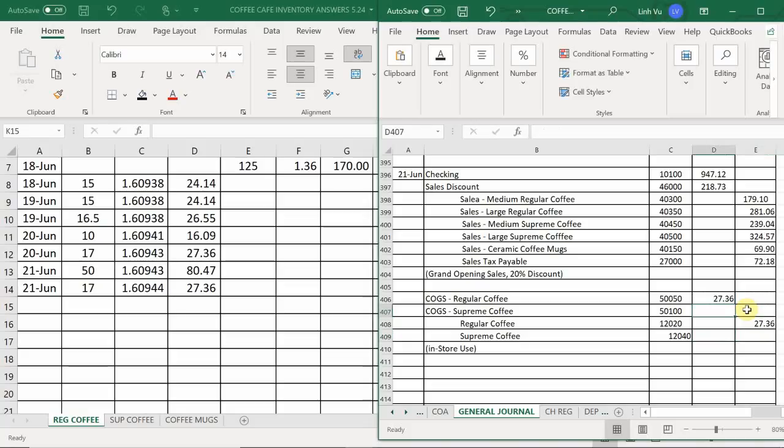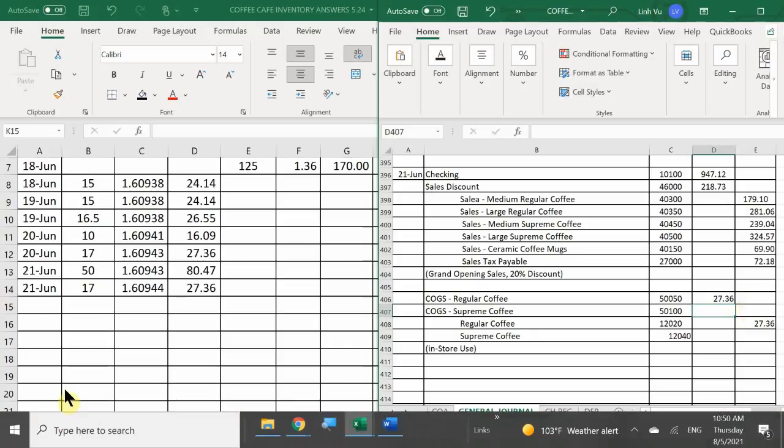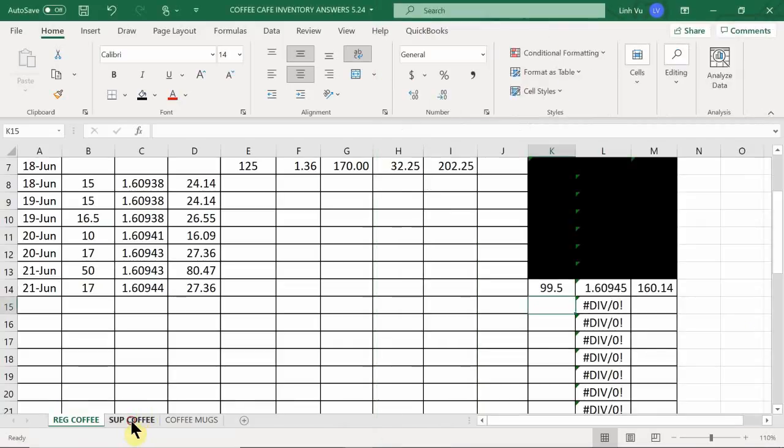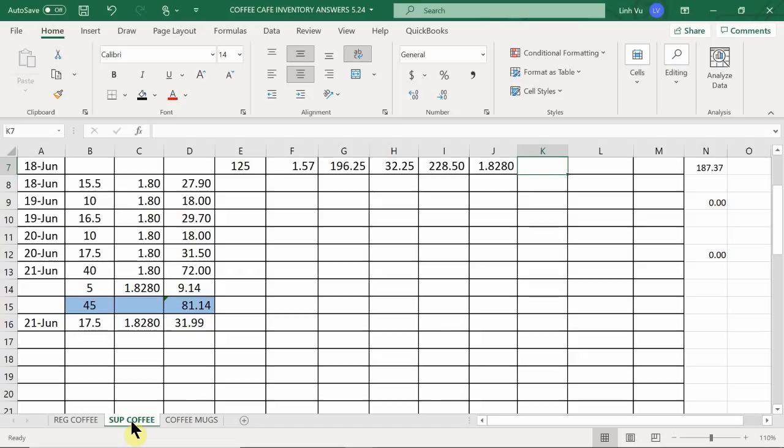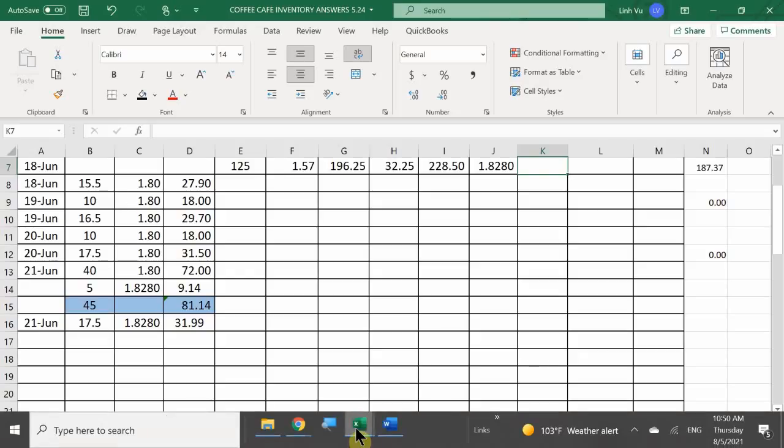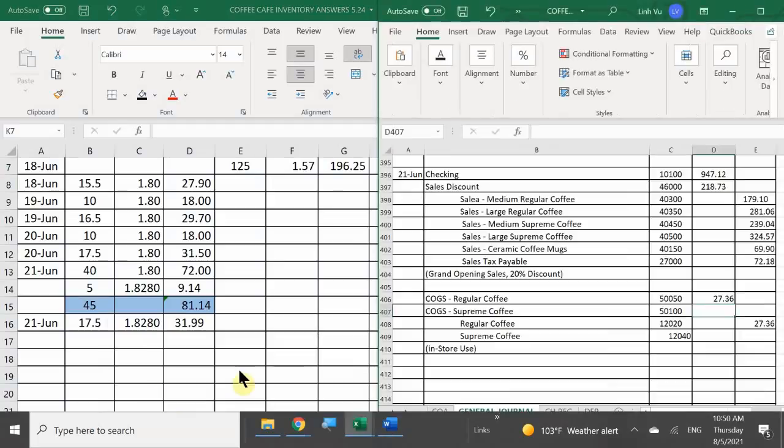My cost of goods sold for my Supreme coffee, got a grand total of $31.99.